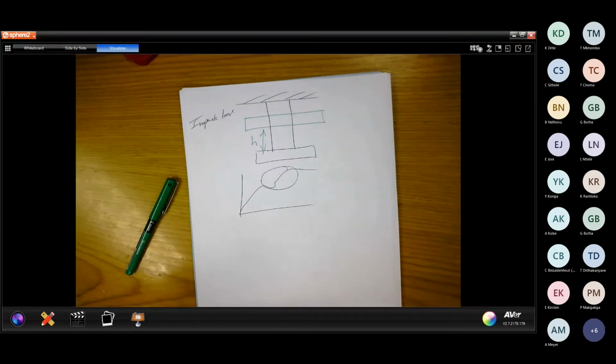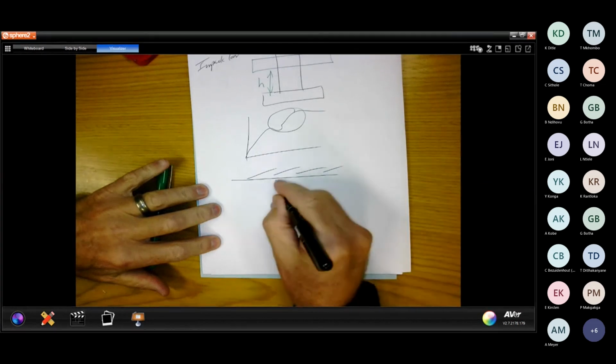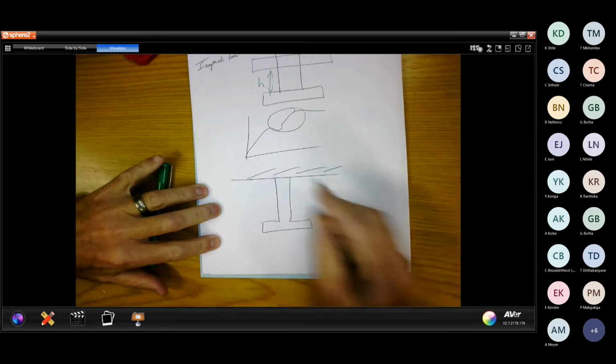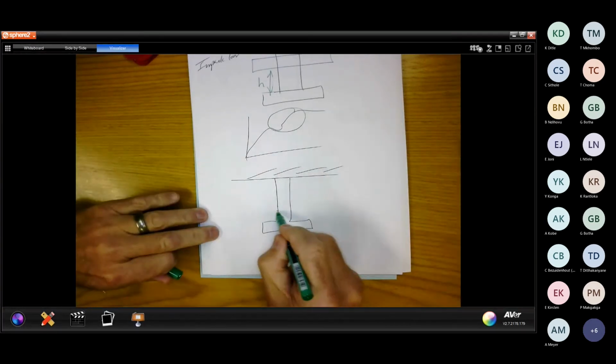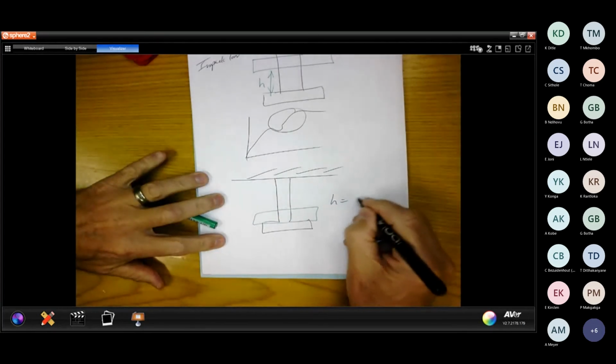And then the last one is where again you have your load here, but I do not pick it up. My height is now 0.